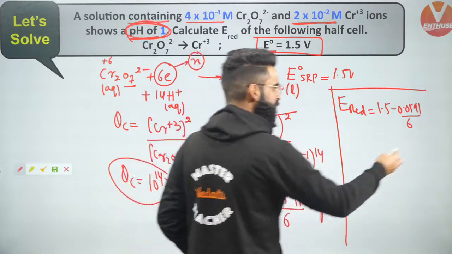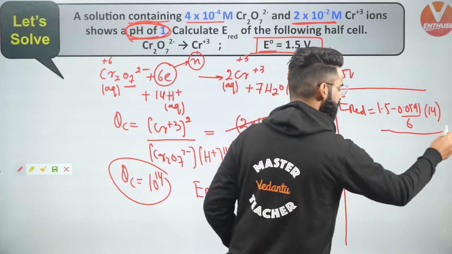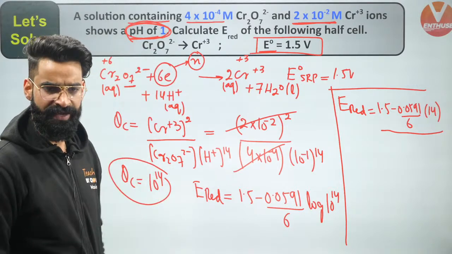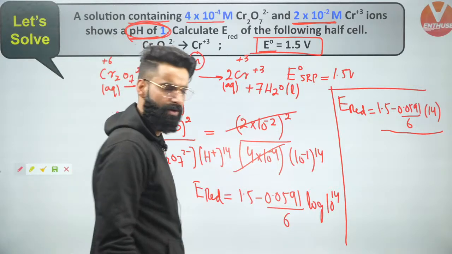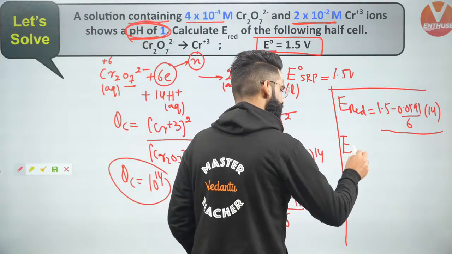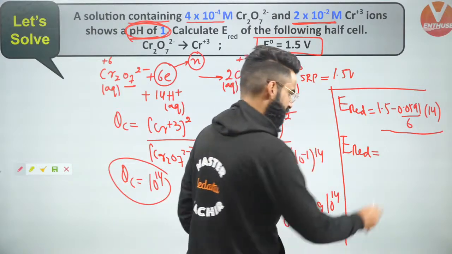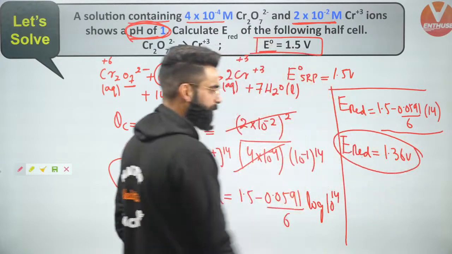Log of m to the power n is n log m, so 14 comes to the front, and log of 10 is 1. Just solve this value and let me know the answer. People are saying the answer is 1.36 volts. Wonderful. So the reduction potential of the electrode is going to be 1.36.